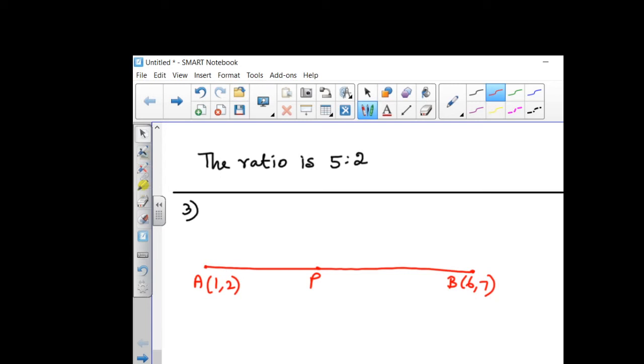That only you are going to find. But the ratio is given, that is 2 by 5. What is given? AP is equal to 2 by 5 AB. So from this we are going to find the P value.